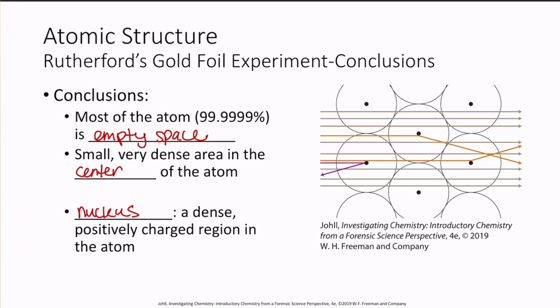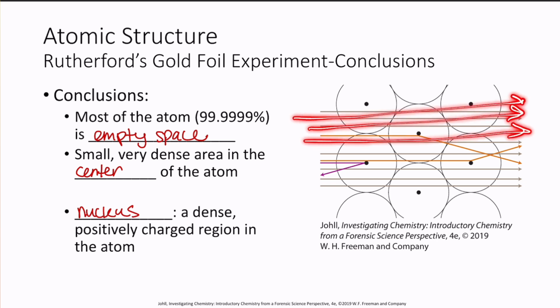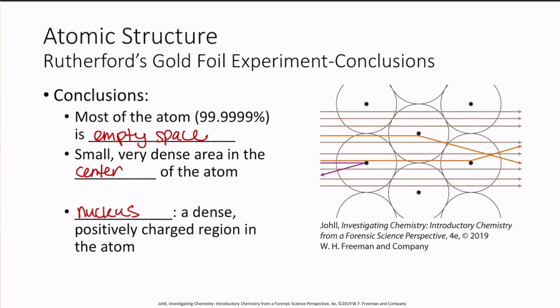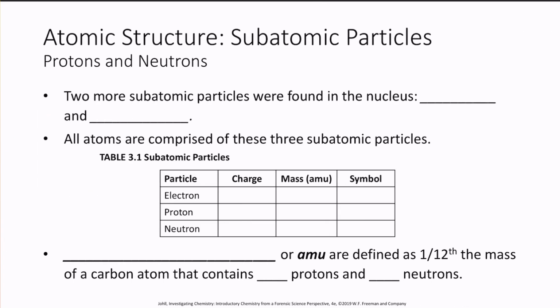So in this diagram, this is showing how most of the rays go straight through because most of the atom is empty space. However, some of them, when those positive things get around the positive nucleus, deflect in varying directions. There are two more subatomic particles that are found in the nucleus, and they are the protons and neutrons.